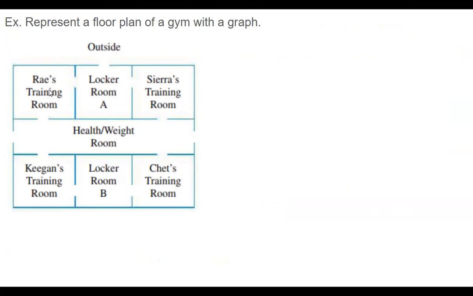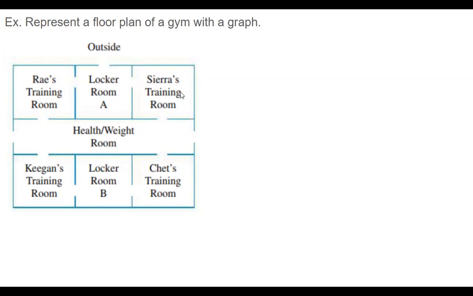So how many rooms do you have? 1, 2, 3, 4, 5, 6, 7. So those become your vertices. And think about how you get there, like the bridge. So the openings, the doors, become your edges.